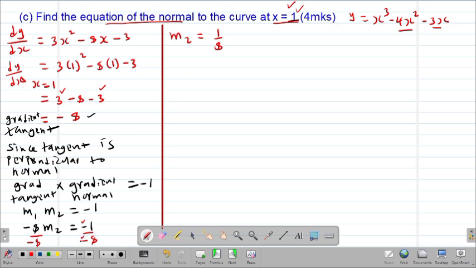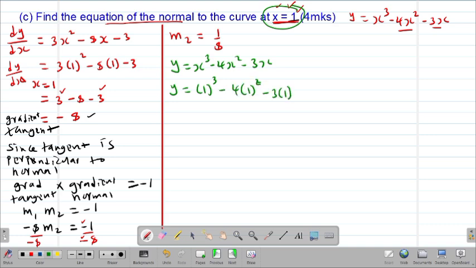Then you also need to get the y coordinate when x is 1. The equation was y equals x cubed minus 4x squared minus 3x. So when x is positive 1, y will be equal to 1 cubed minus 4 into 1 squared, then minus 3 into 1.